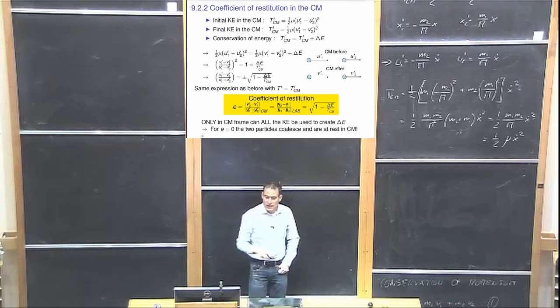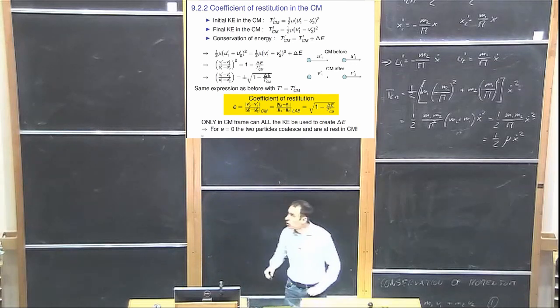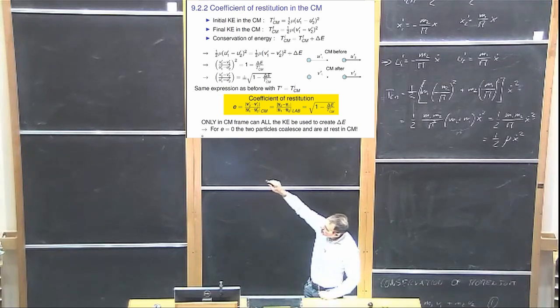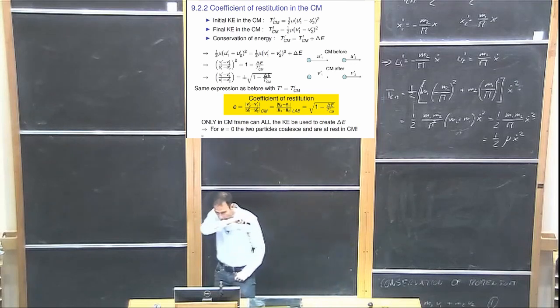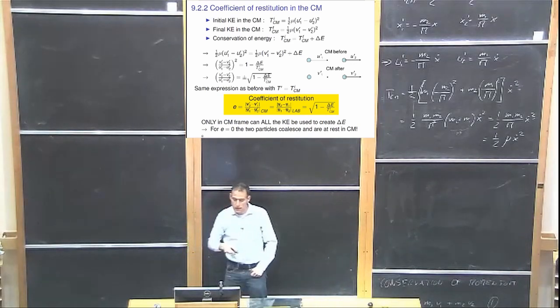And we arrive at the same expression as before, but now T prime is T initial in the center of mass frame. If you rewrite the coefficient of restitution as the relative velocities after divided by before in the center of mass, since they are shifted by the same amount, it's also the same in the lab, and you get the coefficient of restitution in this term.